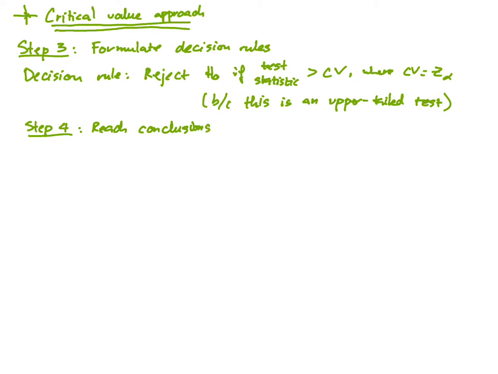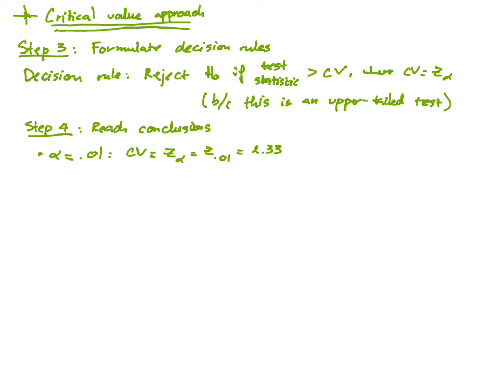Now, if you go back to the video where I talked about the decision rule using the critical value approach, I showed you guys that when alpha is 0.01, the critical value is z sub alpha, which is z sub 0.01, which is 2.33. Okay.